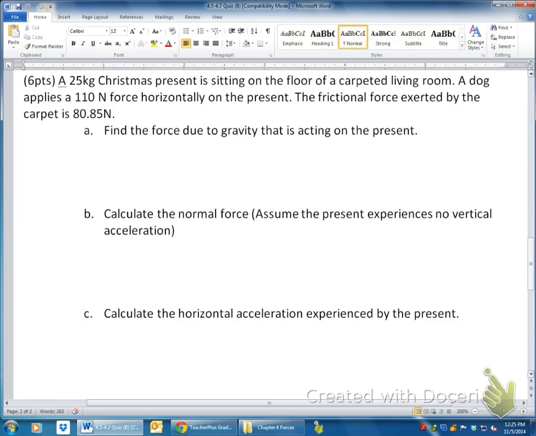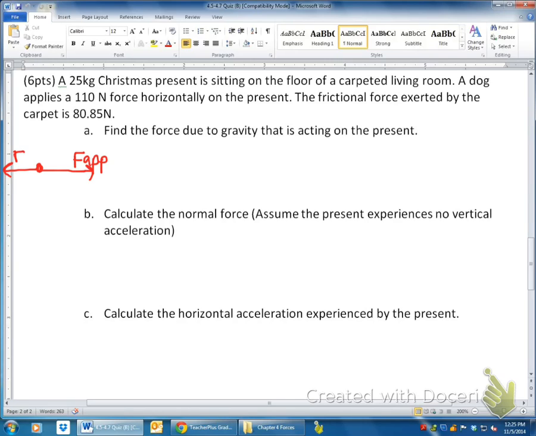Let's draw the free body diagram for this problem. Okay, the box sitting on the floor. There's an applied force. We assume that goes in the positive direction. So we'll just call this force applied. What other forces do we have horizontal?